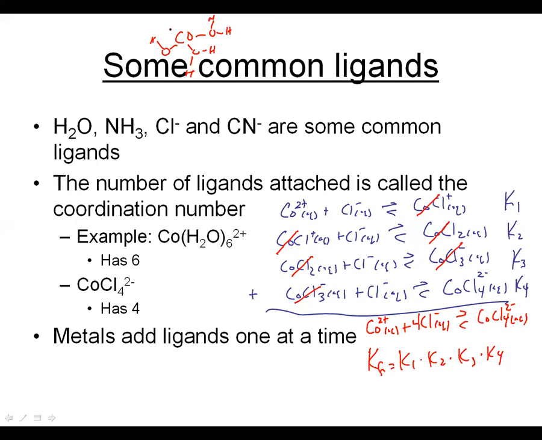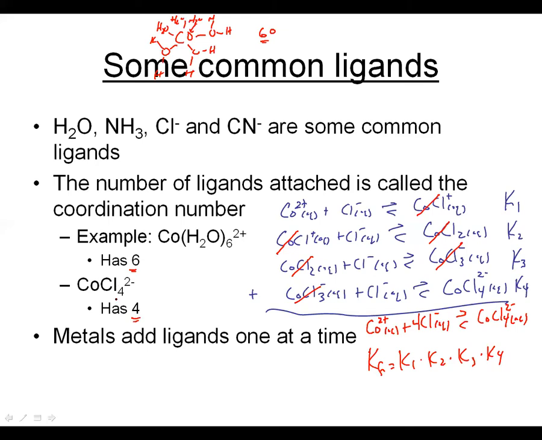We're going to run out of room, so I'll just write it like this: 1, 2, 3, 4, 5, and one more. But basically, directly attached to the cobalt in this case are the 6 oxygens, and that gives it a coordination number of 6. Here with the chloride, there are 4 chlorides attached to the cobalt, so it has a coordination number of 4.